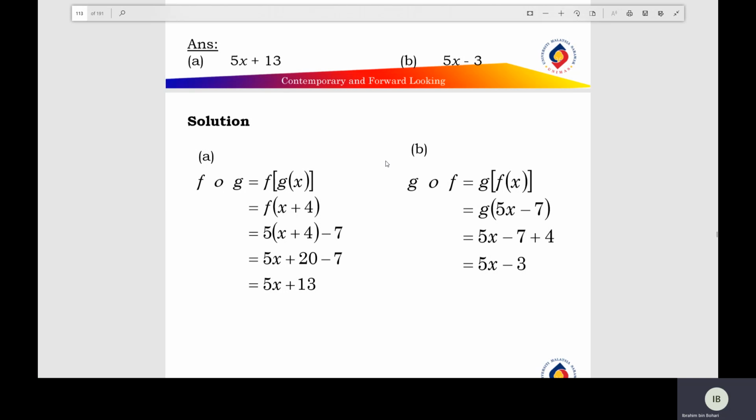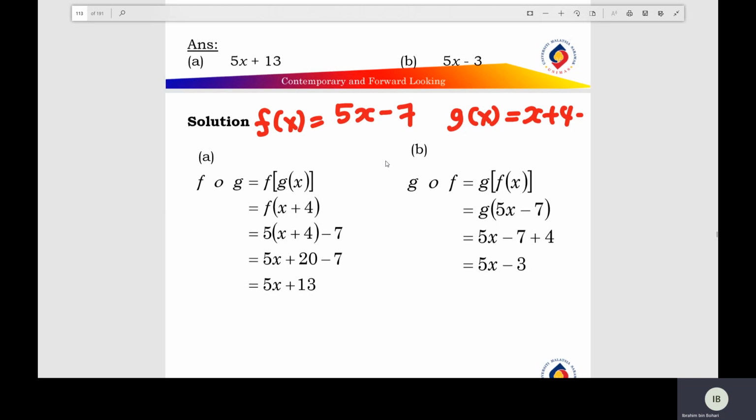Okay, question A: you find the composite function f of g, which is f of x plus 4.